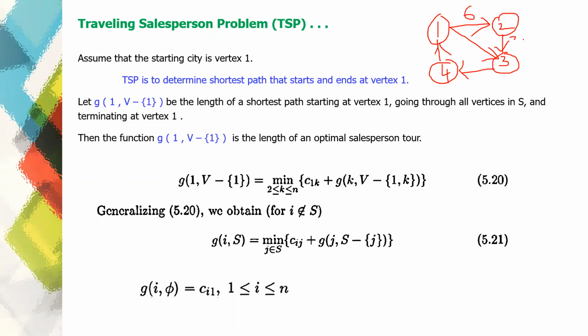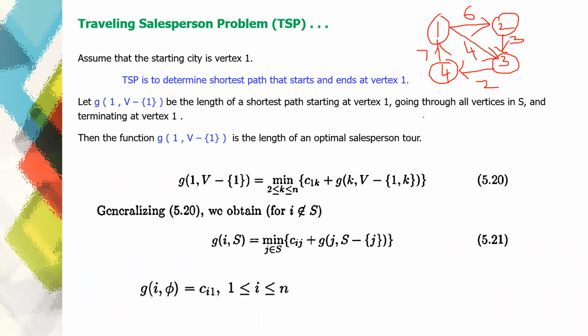So the distance will be the weight of the edges. So the weight may be something like this. So this is how you are going to represent the information of the traveling salesman problem using a directed weighted graph. Each city is represented as a vertex, and directed edges represent the distance between any two cities.